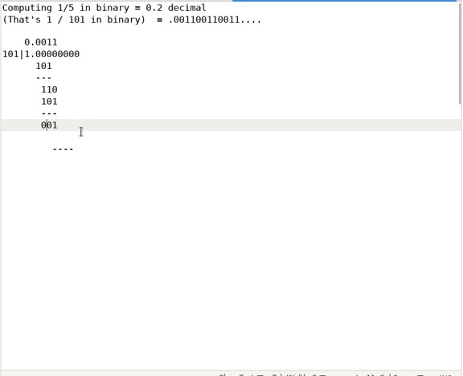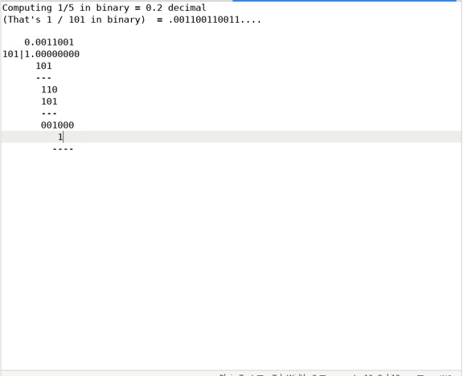Alright, now what? So now I have to put another 0 there. Another 0 there. And another 0 there. And now I can actually put 101 in here, right? Alright, so we're back where we started.